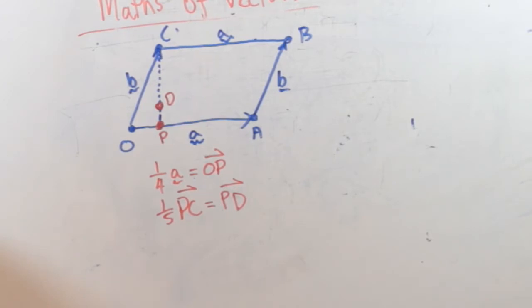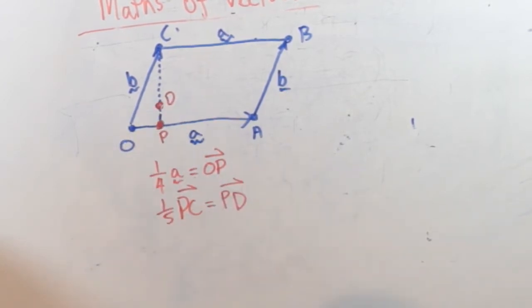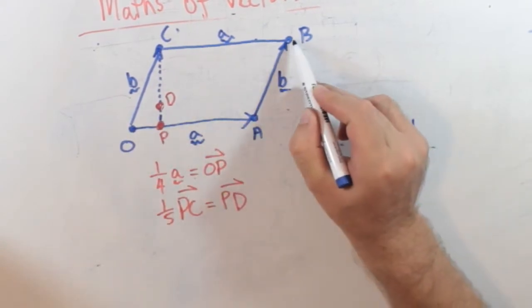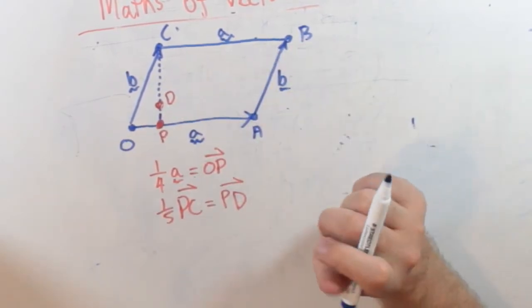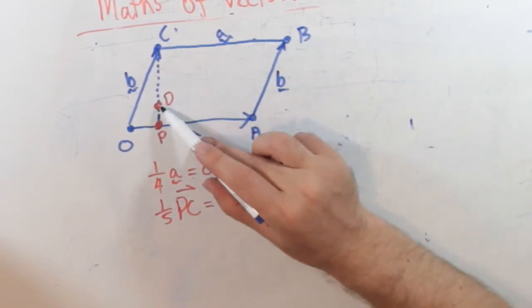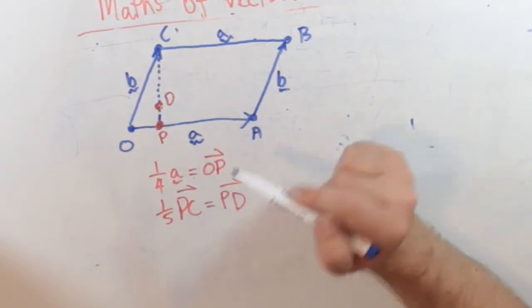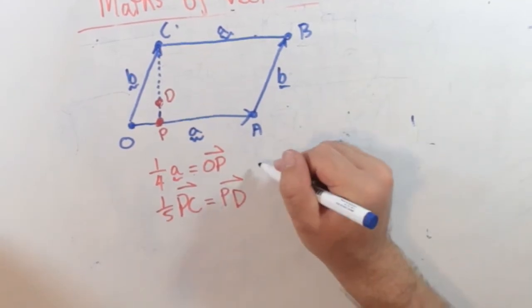We need to show that if we scaled OD up, we'd get OB. Or the other way around: if you had OB and scaled it down by a factor, you'd get OD. That would prove that they're on the same line.